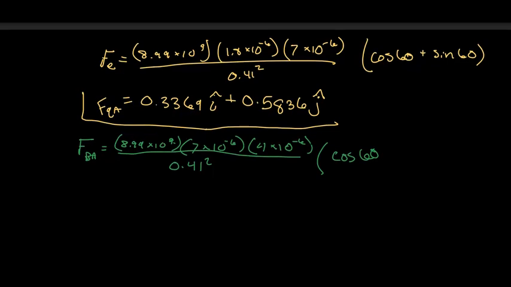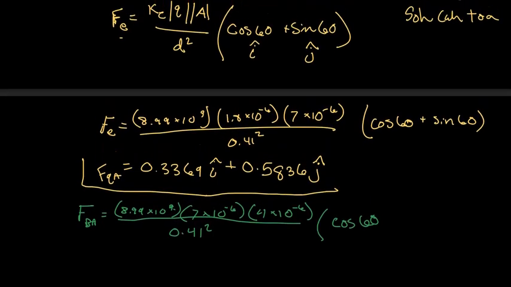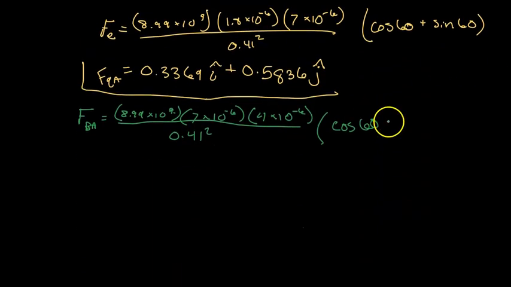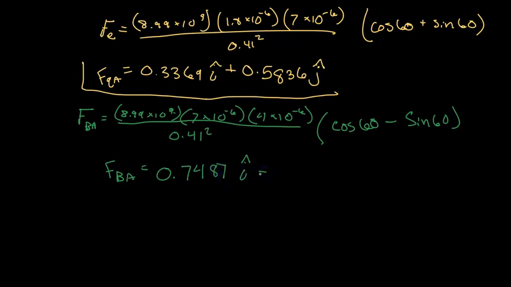For our y component, we can see it is negative, so we'll subtract the sine of 60 because it's opposite over hypotenuse. Once we do the calculations, we should get 0.7487 i hat minus 1.2968 j hat.